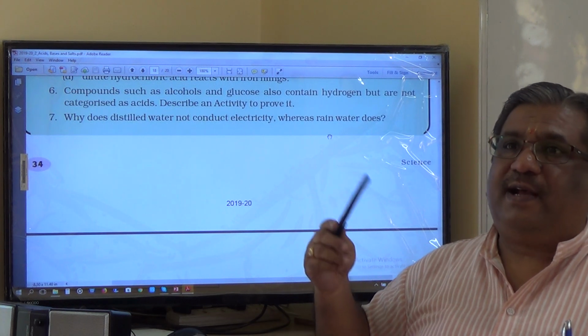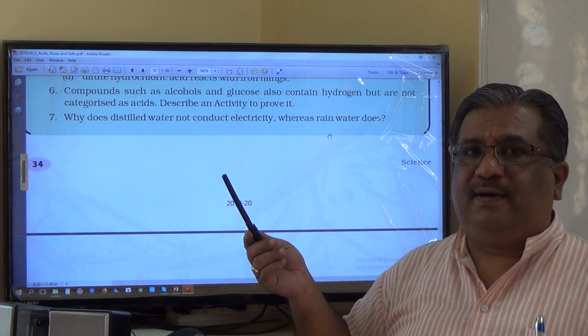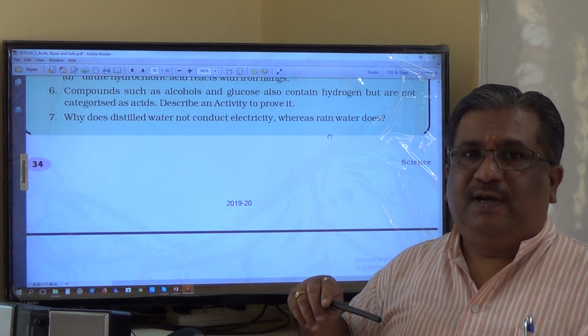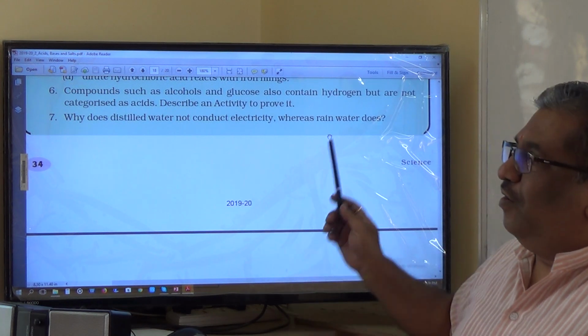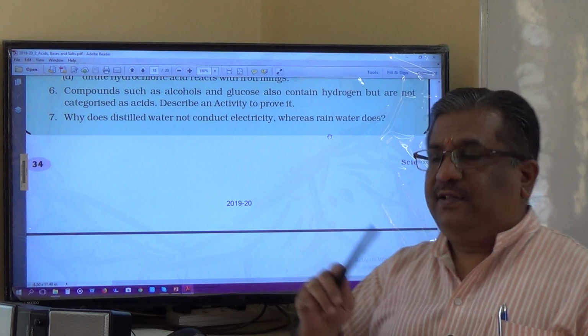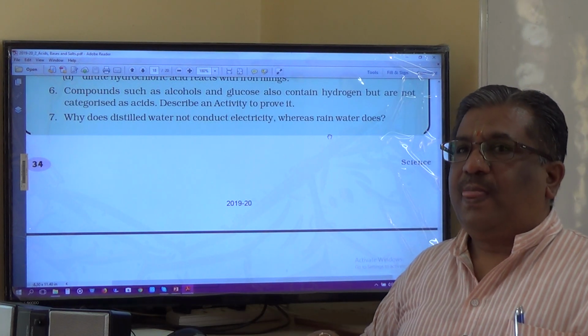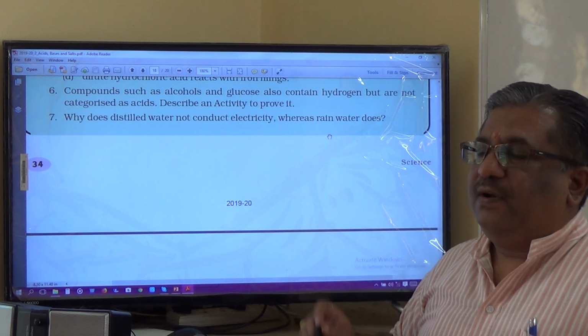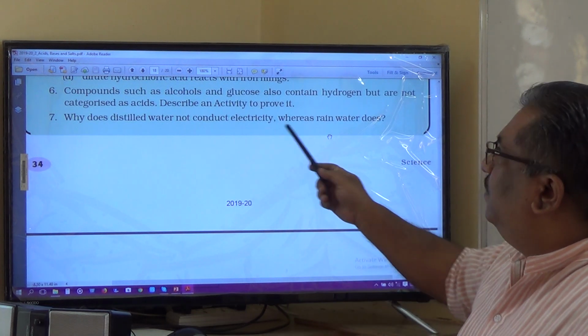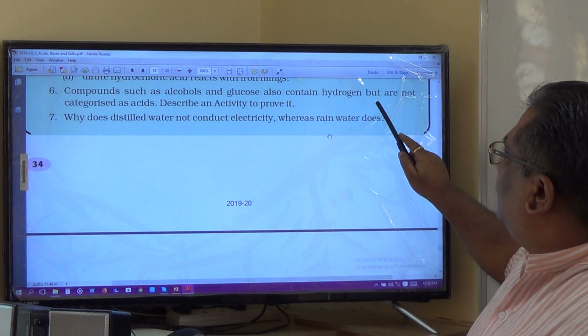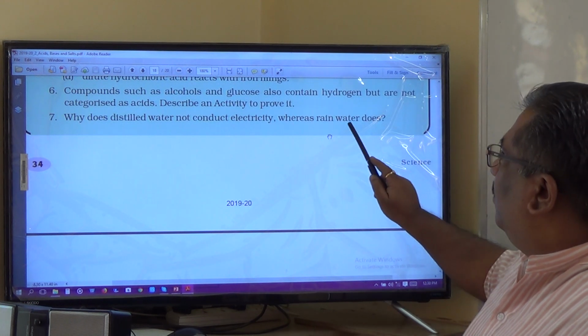They react with bases to form salt and water. So, we have studied that non-metallic oxides are acidic in nature. Here we are talking about rainwater.